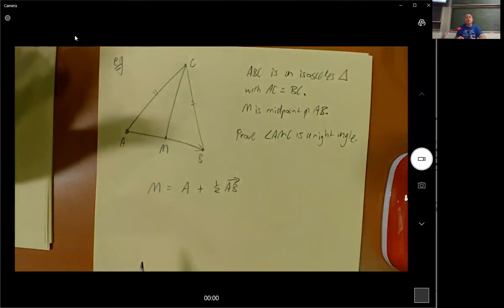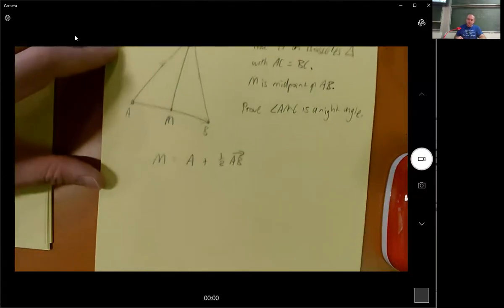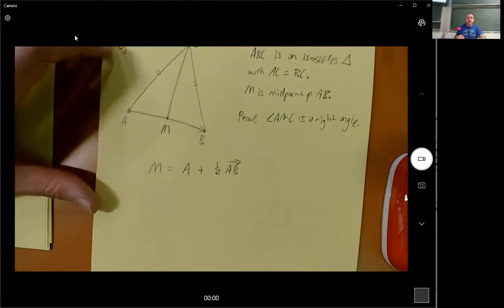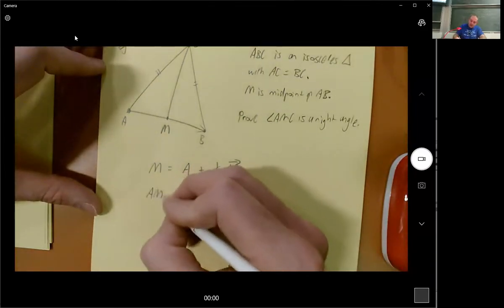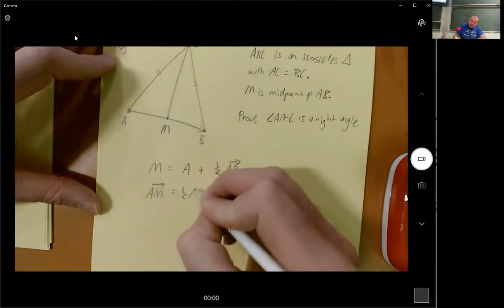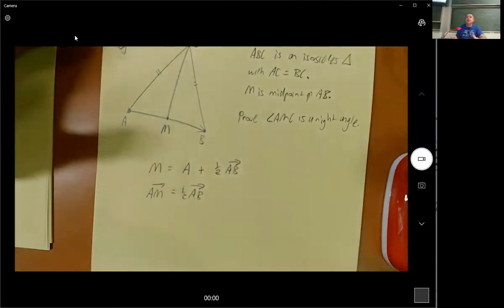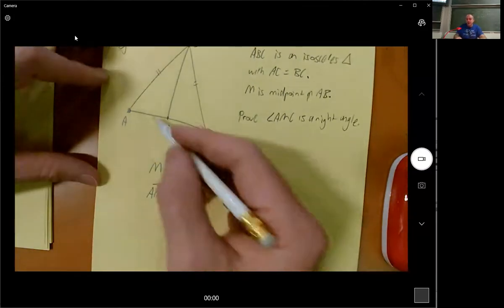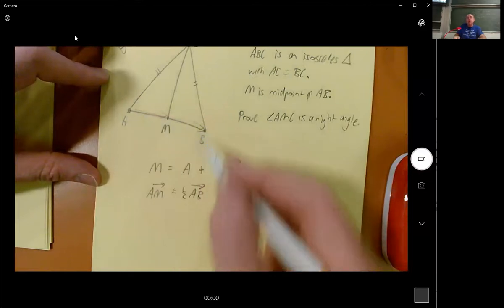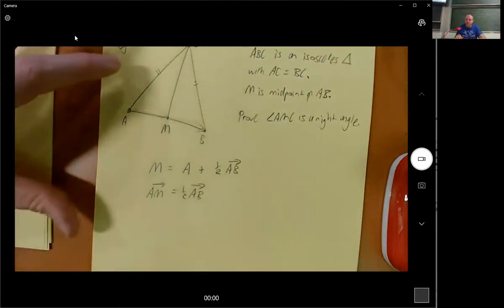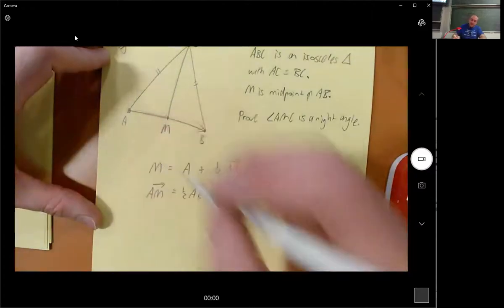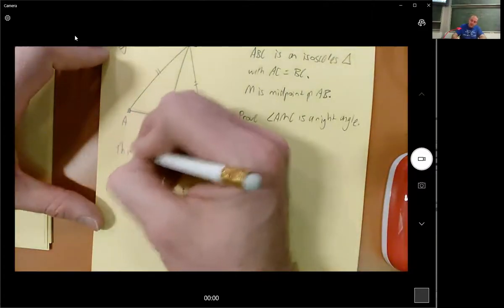You okay with that? Okay. That's how I think of it. It's also okay to say that the vector AM is half of the vector from A to B. That's an alternative way of saying the same thing. Like this arrow is half of this journey. I don't know which of them is helpful at the moment. I'm just thinking about stuff.